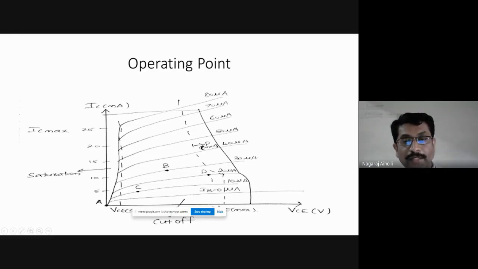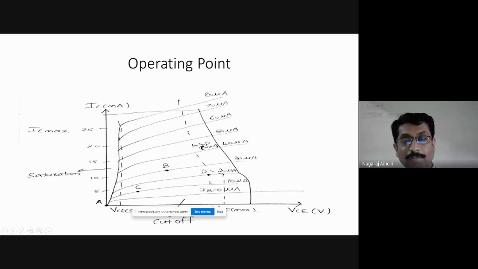When we consider the point D here, this point D is again nearer to the maximum value of VCE. This is VCE max, this region here. It is nearer to VCE max and P max, power max. Power is also maximum. Because of this, some portion of the applied signal will not go beyond the maximum level. It will be below the maximum level, right?